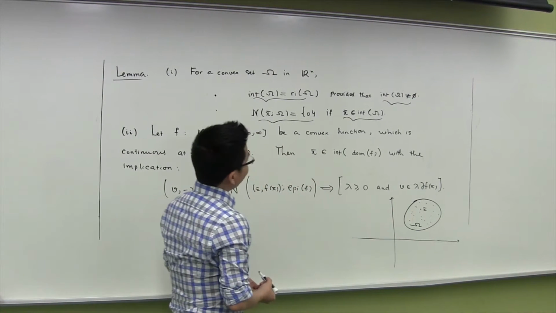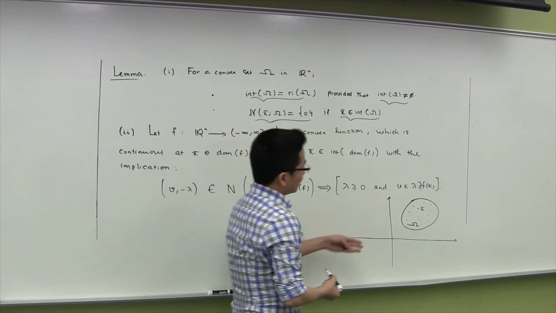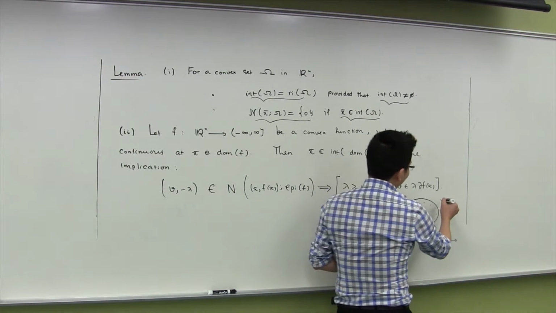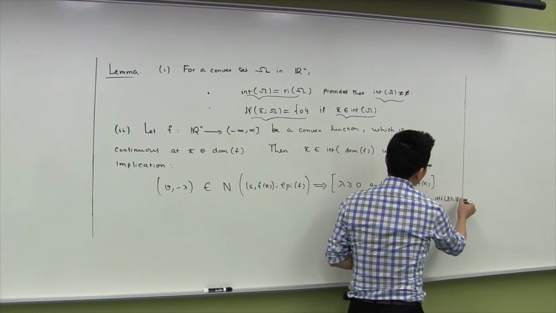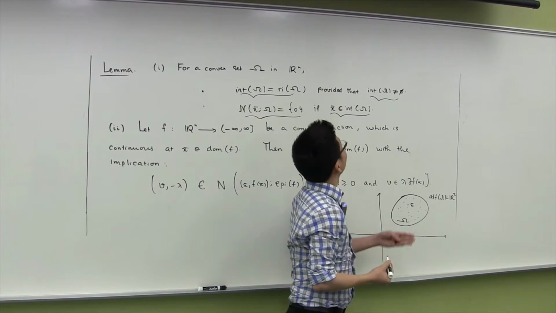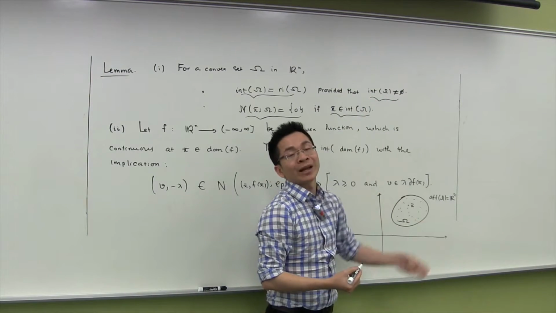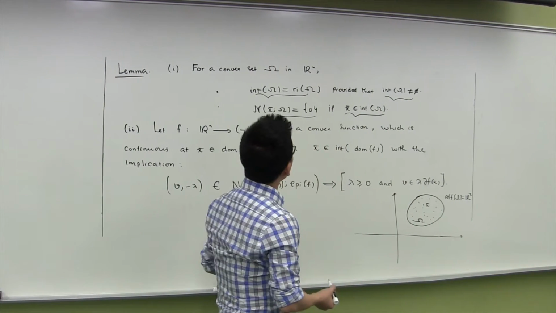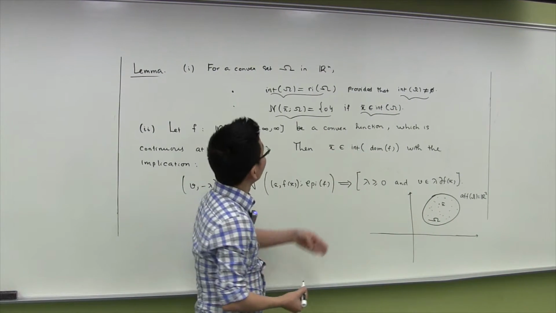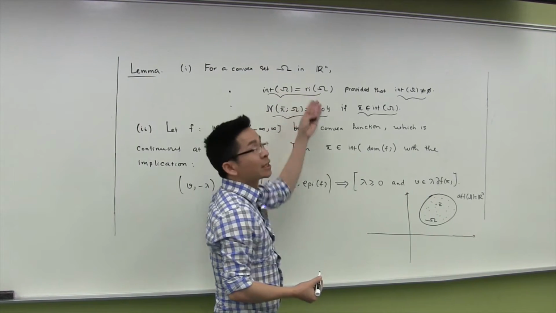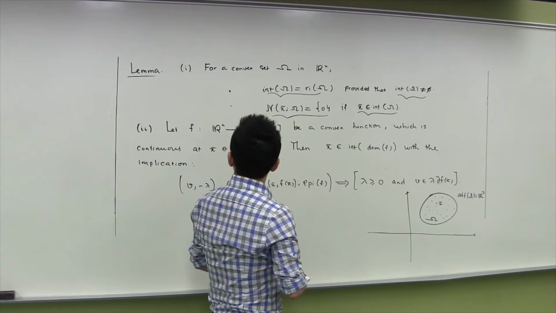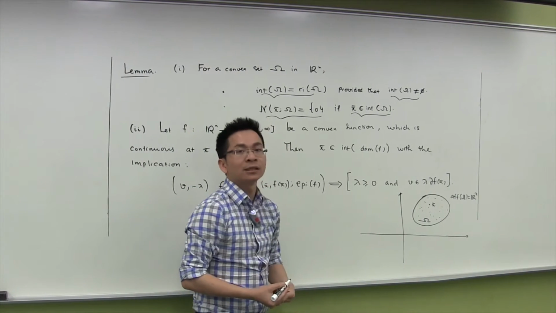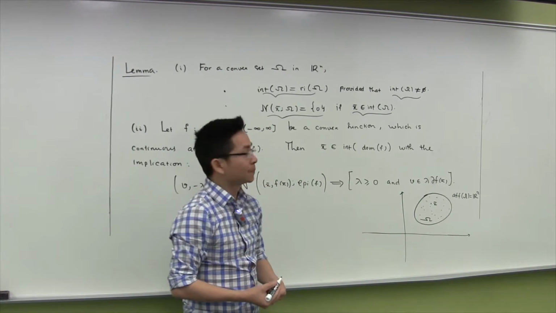At the same time, we can easily see that the affine hull of omega is R^2 because the interior of omega is non-empty, and therefore by the definition the interior of omega is the same as the relative interior of omega. The proof for the general case is very similar.